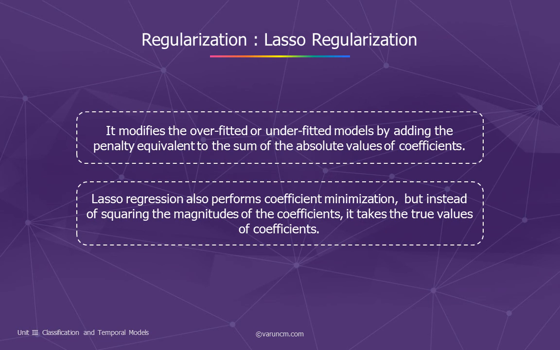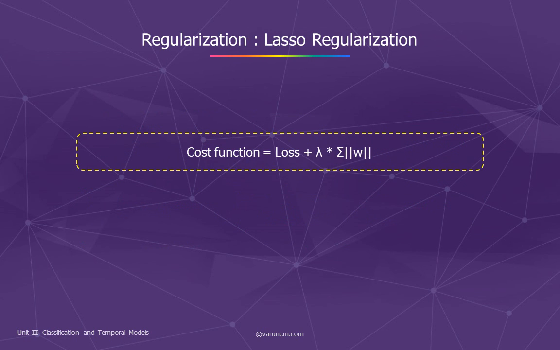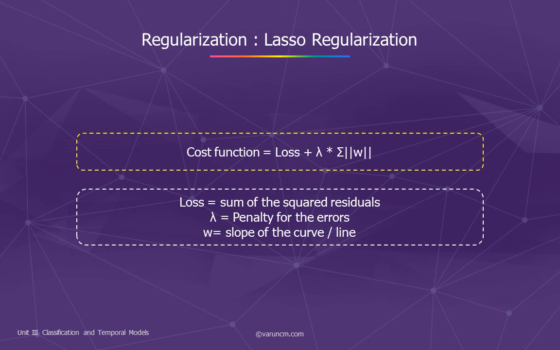So it performs coefficient minimization, but instead of squaring the magnitude, you take the true values of coefficients. Here the cost function will be loss plus lambda into sigma W. In the same way, loss is the sum of the squared residuals, lambda is the penalty for the errors, and W is the slope of the curve or line.